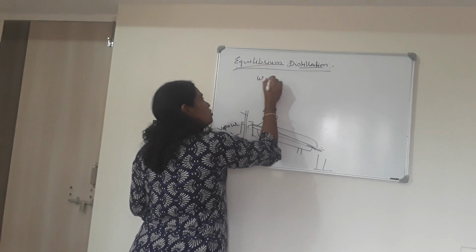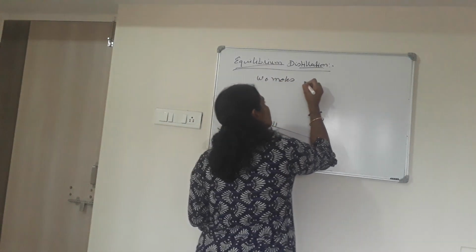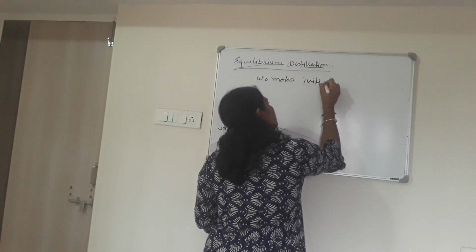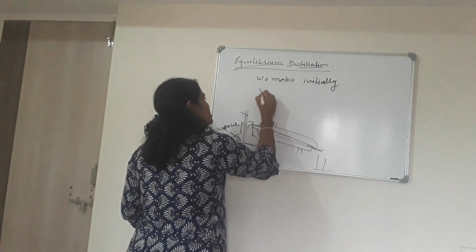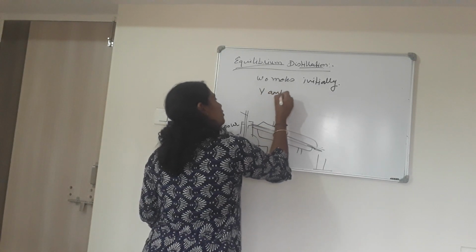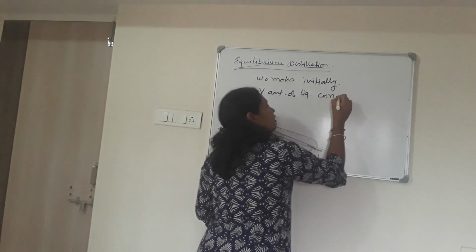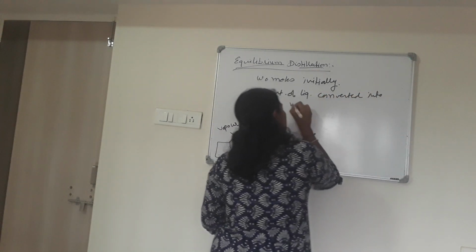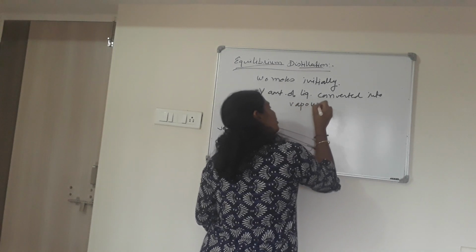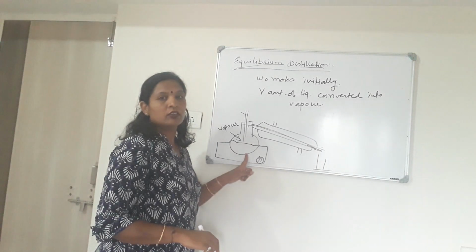Suppose W0 moles are there initially in the distillation flask. V is the amount of liquid converted into vapor, which is in equilibrium with the liquid.